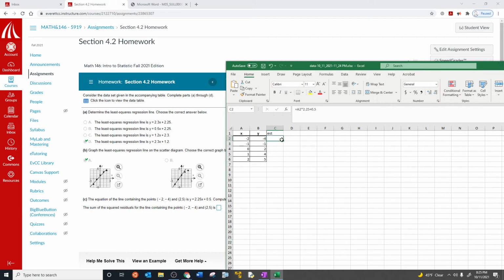We got -4, and if we do it all the way down, those are the values. Now in the next column, we're going to square each one. The formula will be this squared.